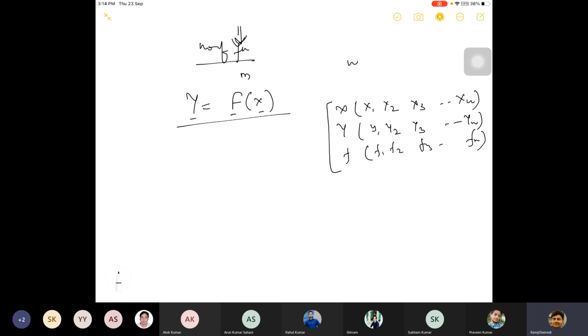So how would you linearize it? You first take the initial value, x naught, as the linearization point. When I say x naught, that means x1 naught, x2 naught, x3 naught, up to xu naught.